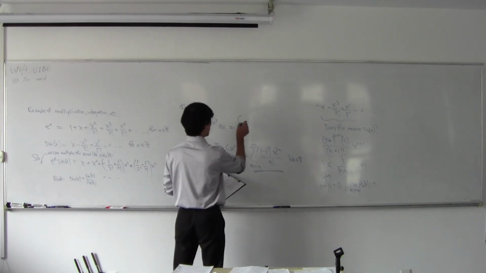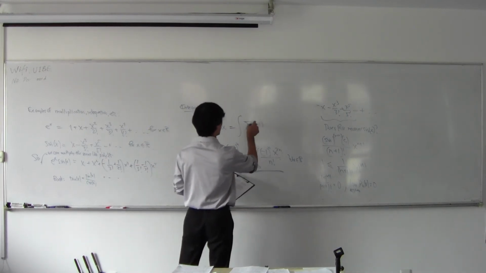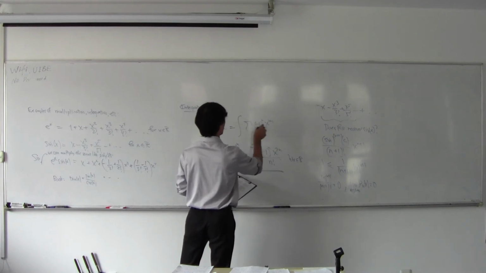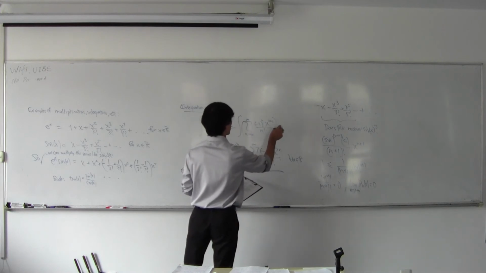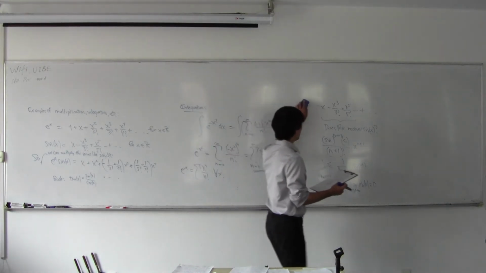So we know that this equals the integral of the summation of negative 1 to the n x to the 2n over n factorial dx.